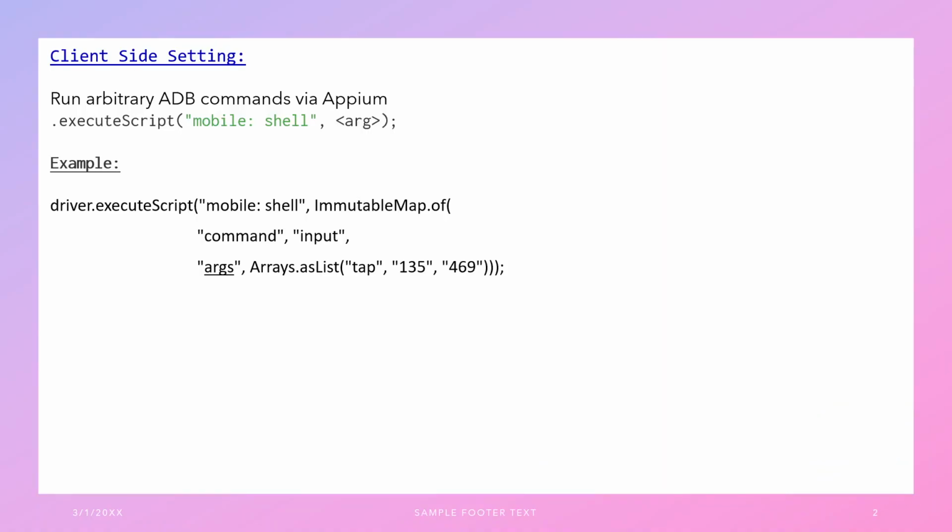For this, we have to use a concept called arbitrary ADB commands via Appium. That means we have to use a method called execute script, and use mobile: shell, and provide the arguments here.